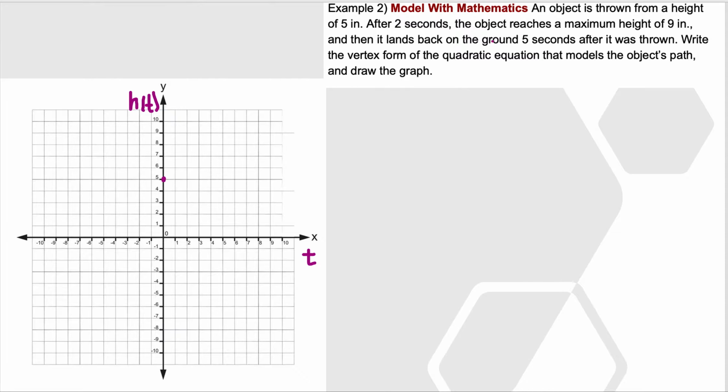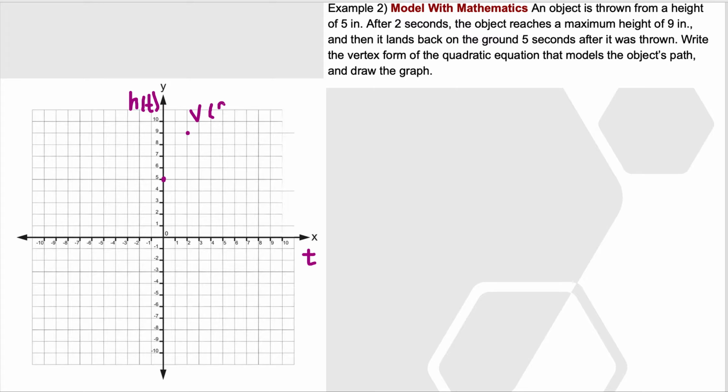So now what it says here, after 2 seconds, the object reaches a maximum height of 9 inches. 2 seconds is here, after 2 seconds, but it reached 9 inches in height. So this point is here. And then it says the maximum height. The maximum height, we already know, can be the vertex of the parabola.